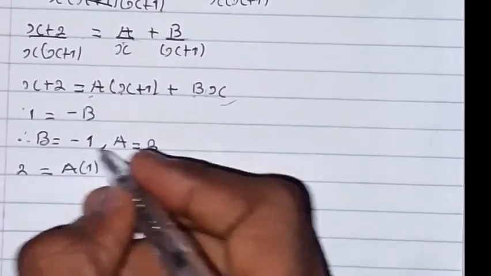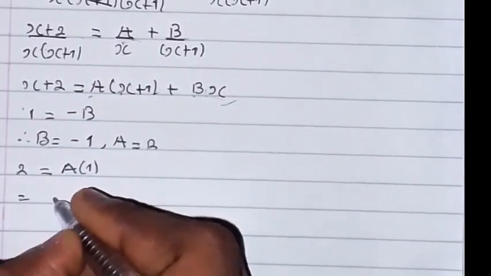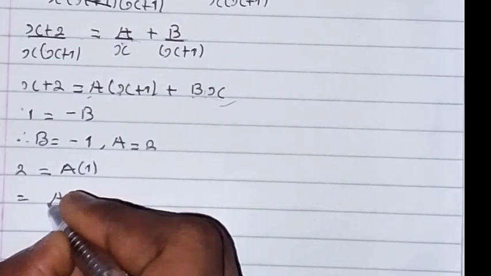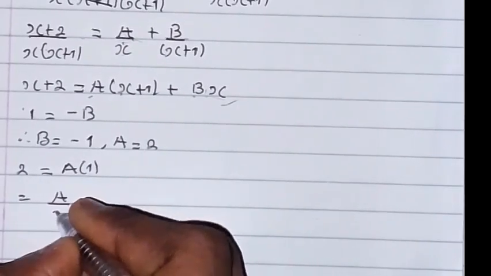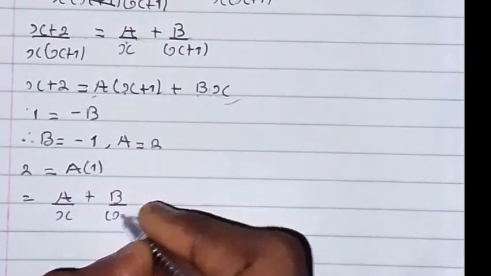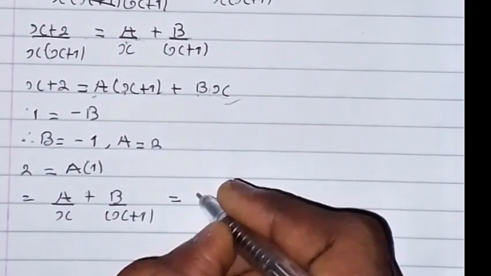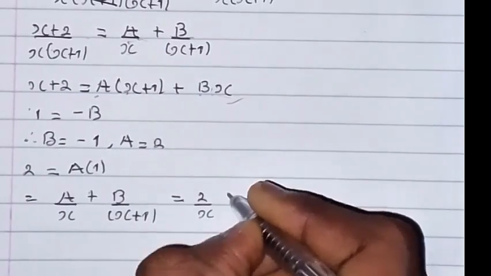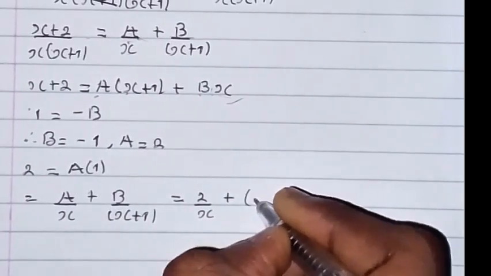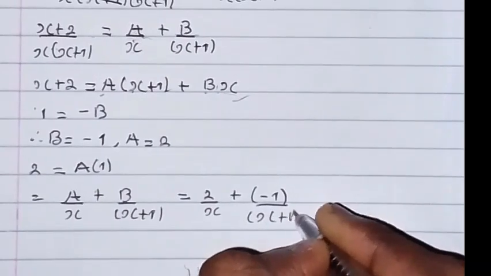Now we can write out the decomposed fraction: a over x plus b over x plus 1. If I place the values of a and b, we'll have 2 over x plus, open the bracket, minus 1 over x plus 1.